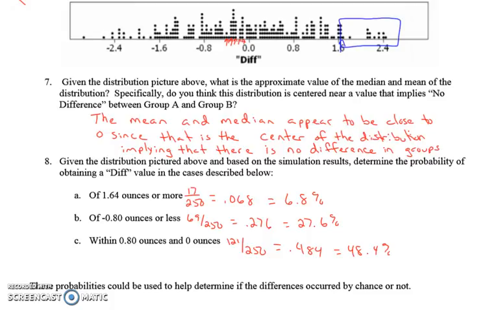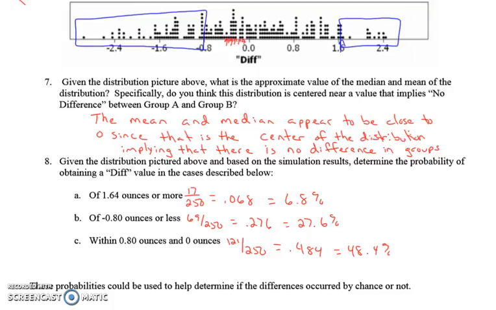Now, it would have been difficult for you to calculate B and C, but if I look at negative 0.8 or less, I would be looking here and smaller. So I'd have to count up all those dots, which ends up becoming 69 out of 250, because there's 250 dots altogether, which is 27.6%.